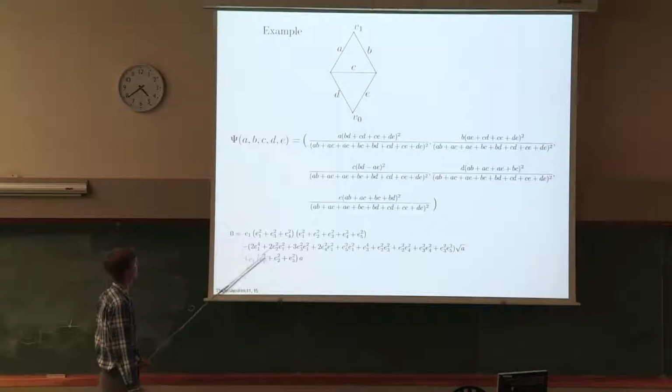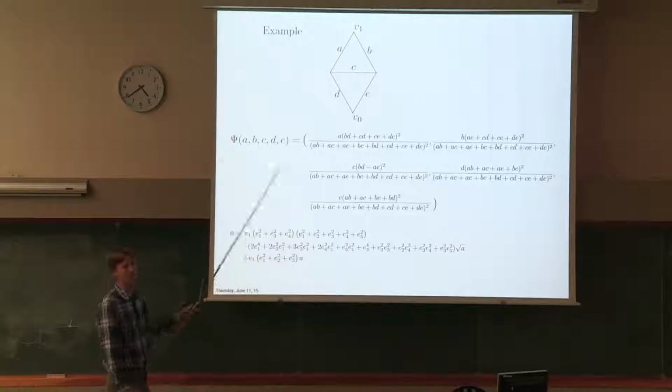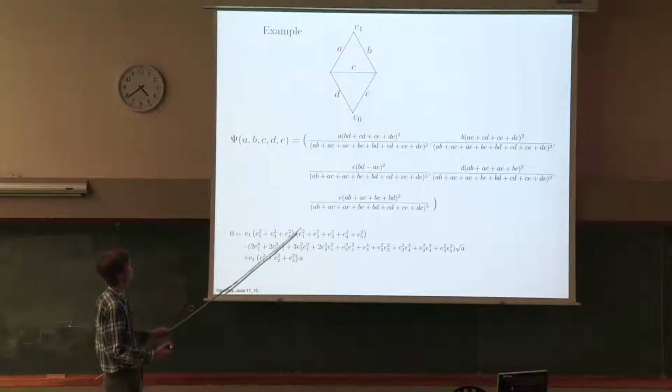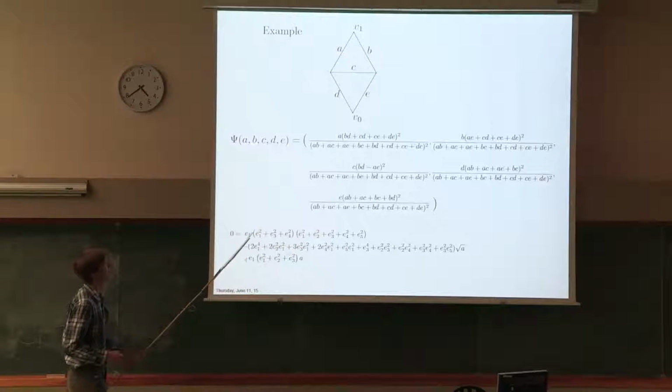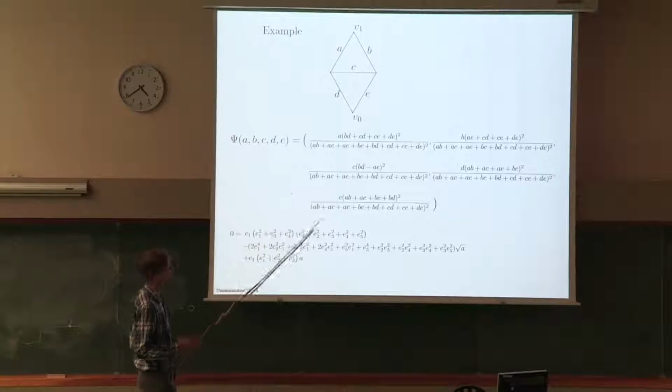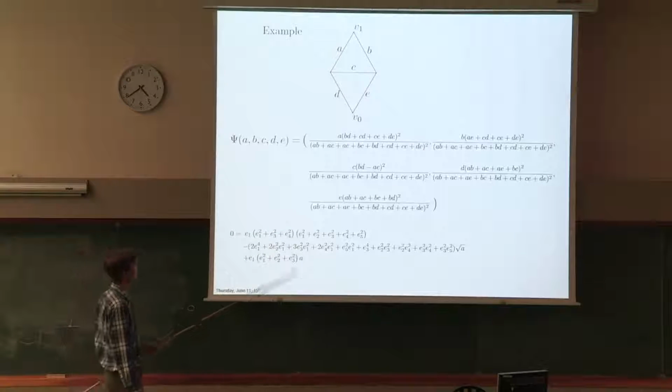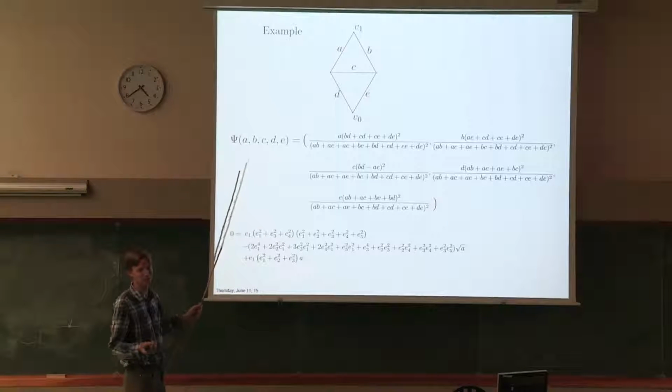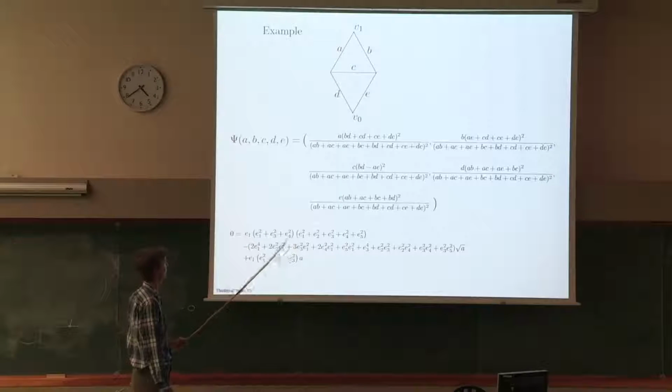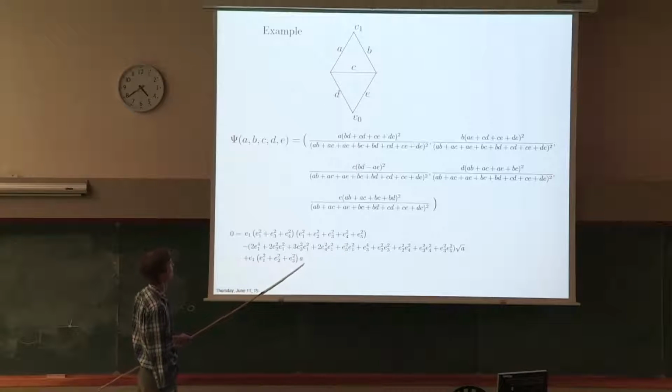In this case, there's two. Well, let's see. It's a bit of a pain to solve these equations directly, but you can find 2 solutions. This is if you look at, for example, A as a function of the 5 energies.